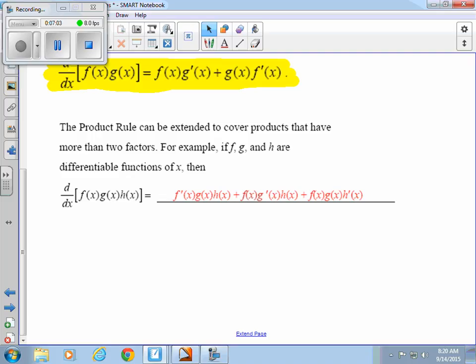Then the derivative of the next piece, leave the other 2 alone, and the derivative of the third piece, and leave the other 2. So that's how you would extend it out if you were to ever have to. I have never seen it show up on the AP exam where you couldn't FOIL out 2 pieces first and then work it that way, but just a mental note if you ever need it.